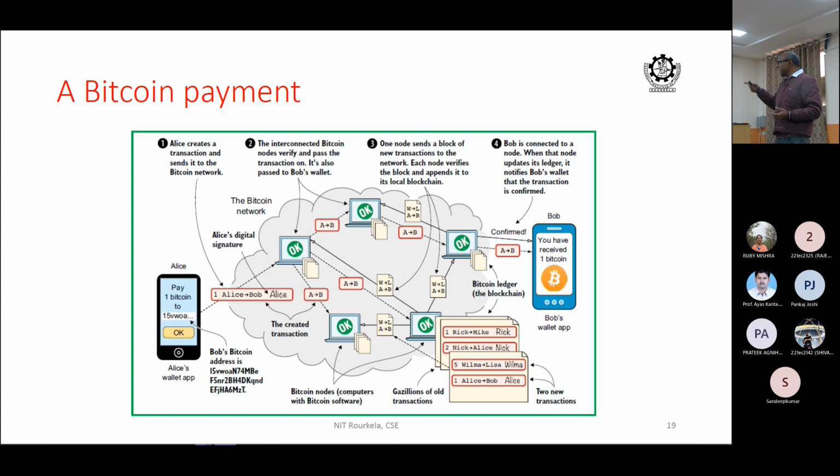The miners take all the transactions and form a block. Once they form a block, they publish the block, and the block is verified. Once it is verified, it's added into the chain, and then the transaction is complete. So Alice has made a transaction to Bob, and until the transaction is recorded in the chain, it is not complete.